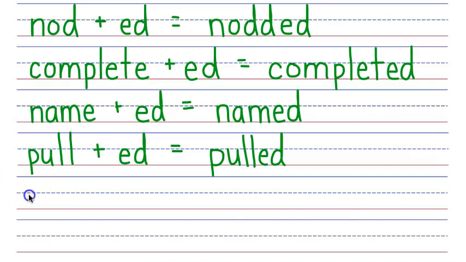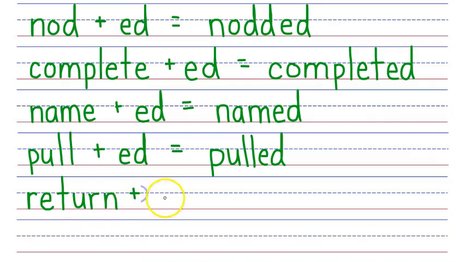Next word is return. Return is spelled with an R that says r, an E that says a long E sound E, because it's an open syllable, a T that says T, the UR phonogram that says ur, and an N that says N. I return.